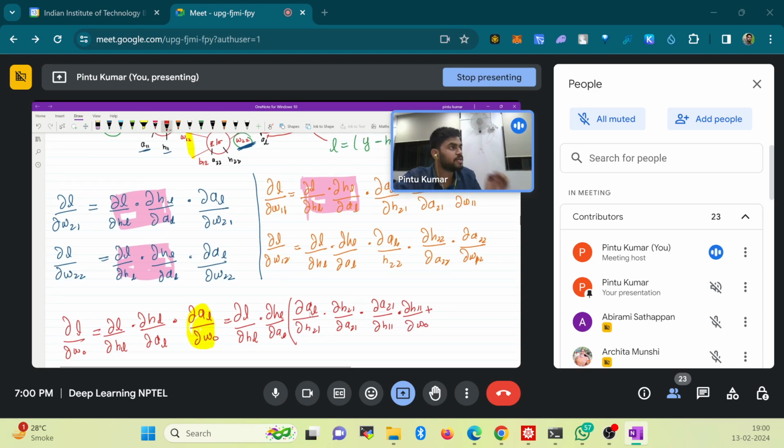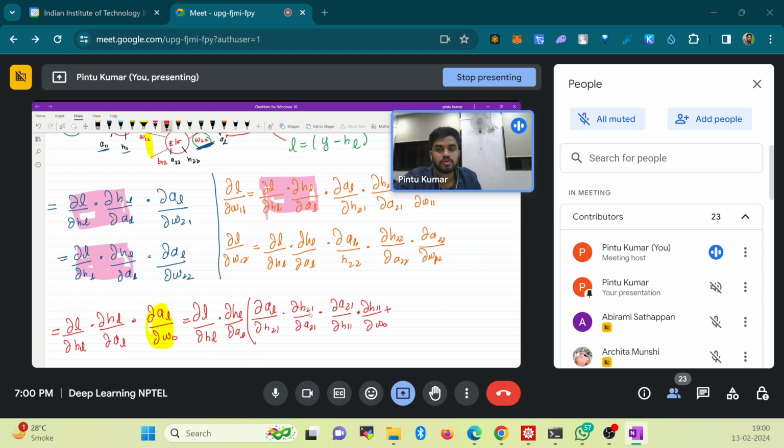Again, there is a summation over here. So I'll just write and pause. Del AL by del H22 into del H22 by del A22 into del A22 by del H11 and then del H11 by del W1.